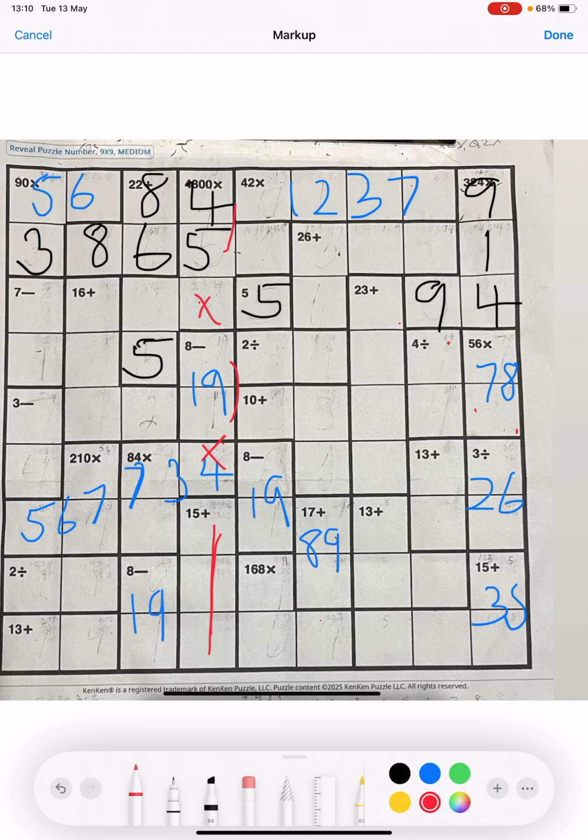So my only way to have 11 between this and this is to have the 3 there and an 8 there. So let's get those in. So this one is an 8, and this one is a 3. These two are 4 and 7 between them. That 15 cage at the bottom is therefore 2 plus 6 plus 7.